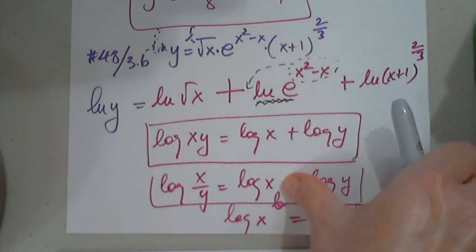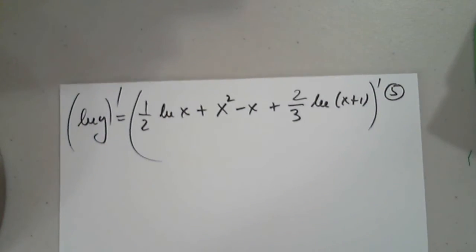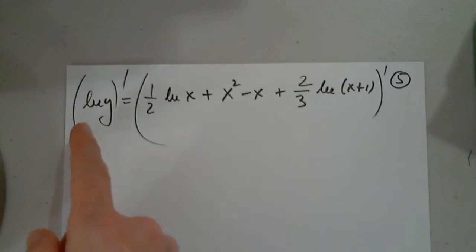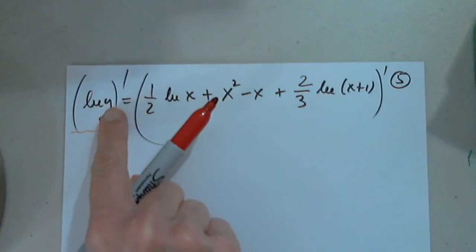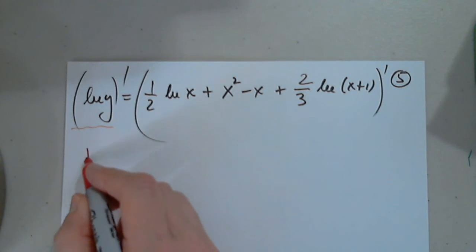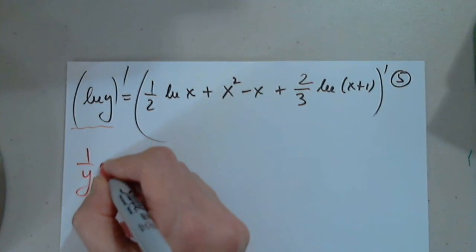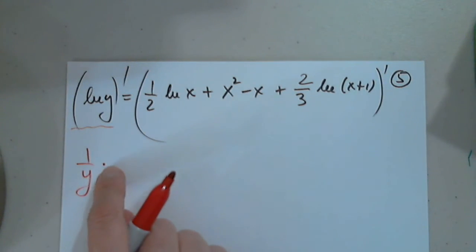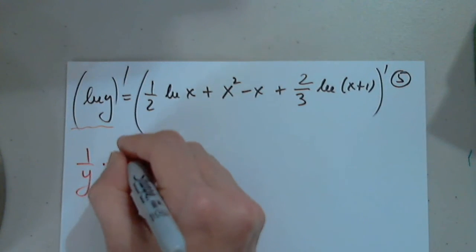Yes. Okay, perfect. So now we are differentiating both sides. Can anyone give us the left-hand side? Is it 1 over y? Y is a function. Times the y prime?